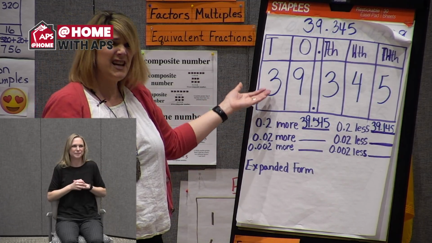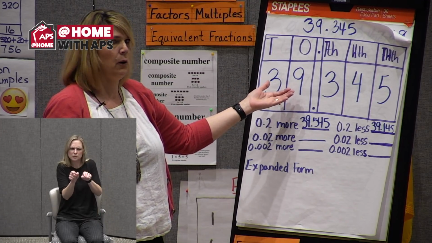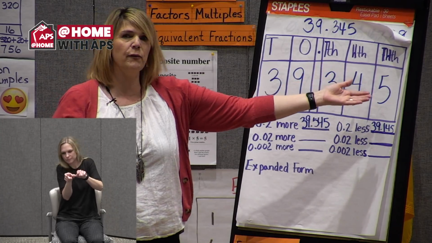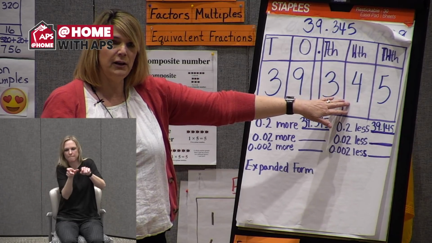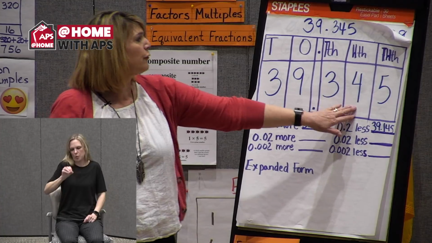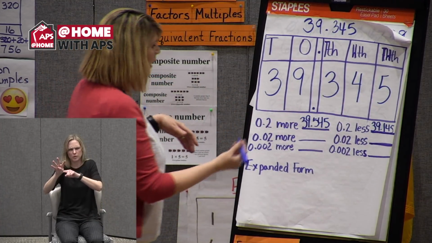So are our tens changing? No. Are our ones changing? No. How about those tenths? No. How about those thousandths? No. Our hundredths are going to need to change, and they're going to need to change by that 2 more. Okay, so there's a 4 in there now. What's 2 more than 4? 6. Okay, let's write that number.